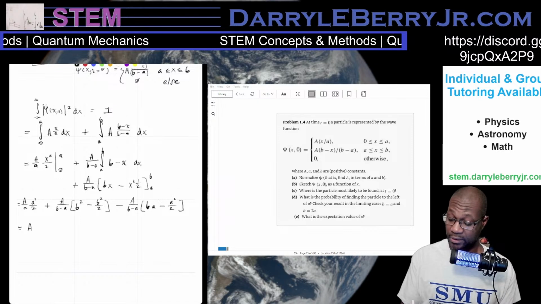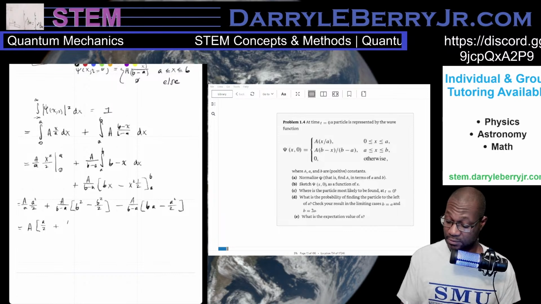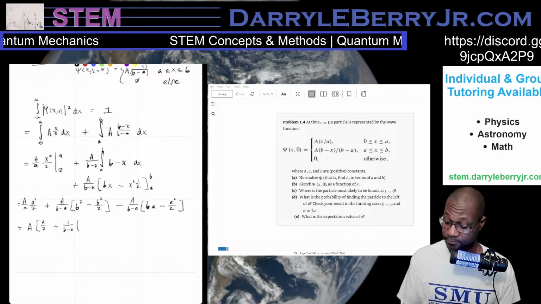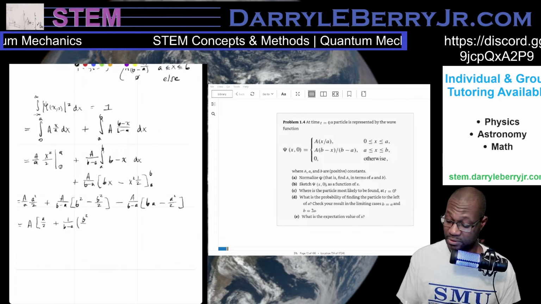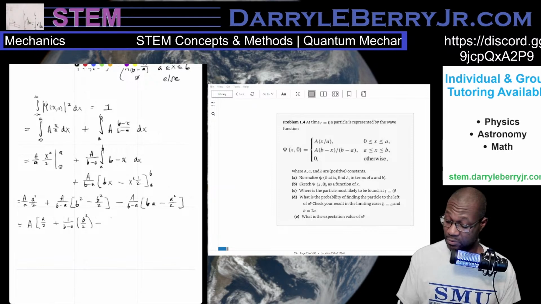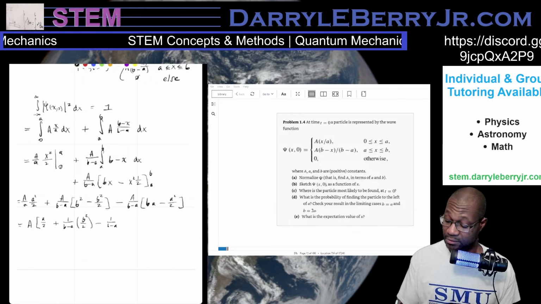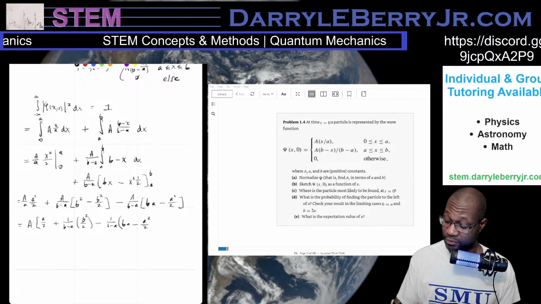So this equals A a over 2 plus A times 1 over b minus a times b squared over 2, minus 1 over b minus a times b a minus a squared over 2.